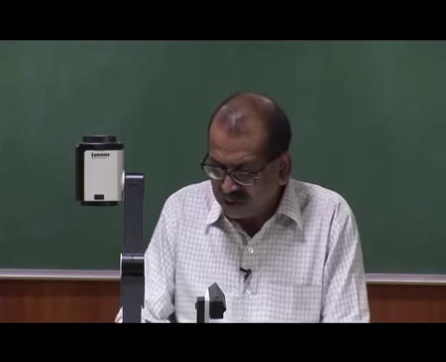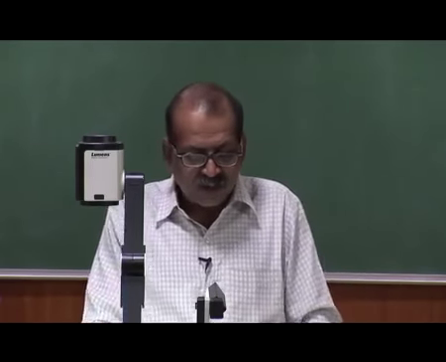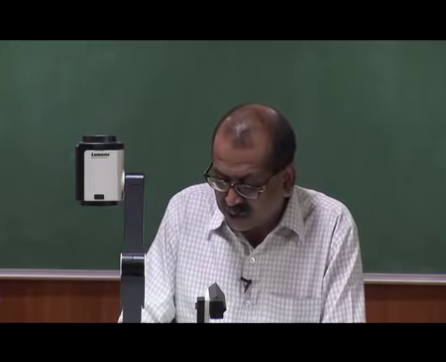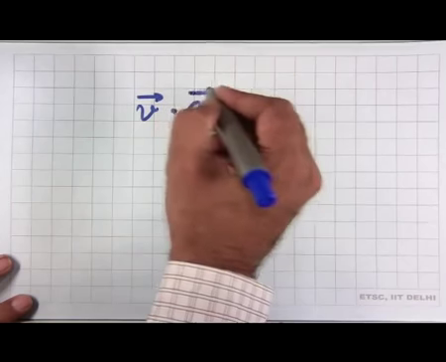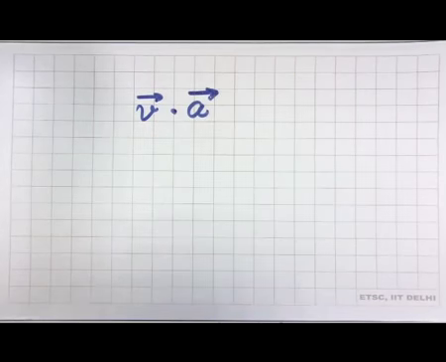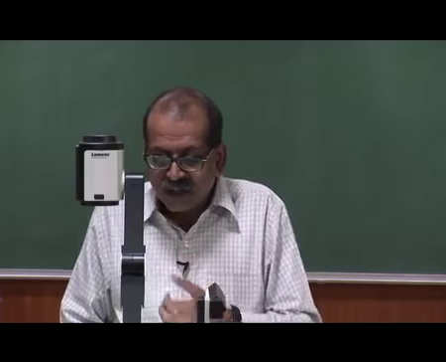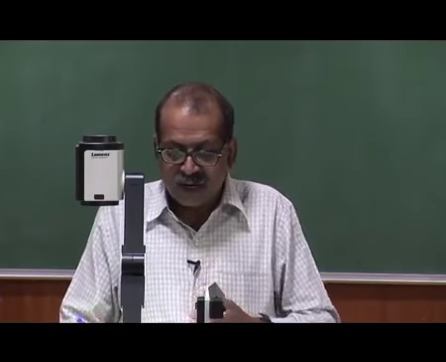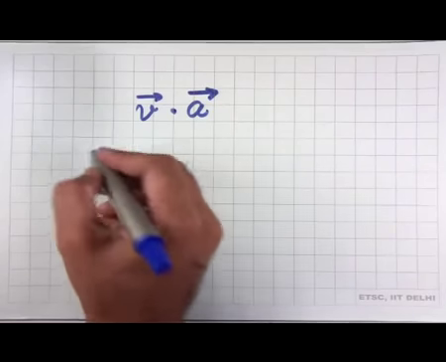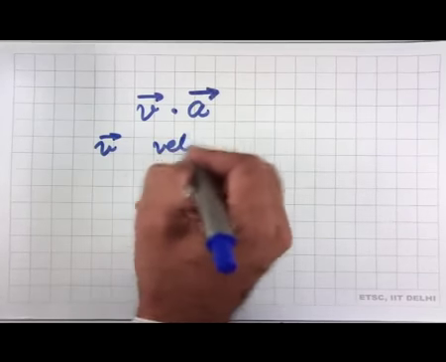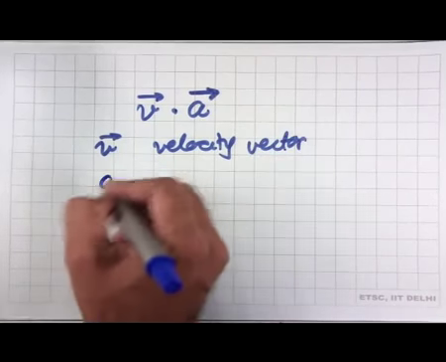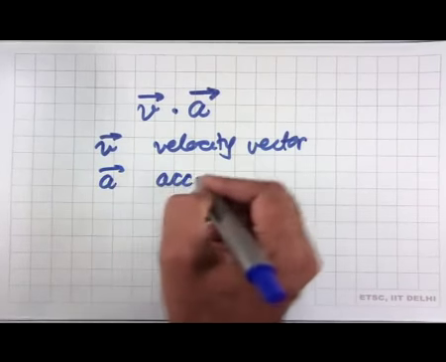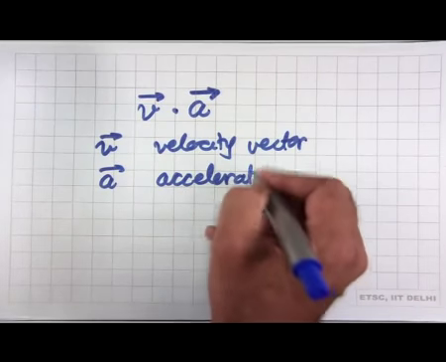Now, let us look at another aspect of kinematics, and let us look at this quantity V dot A, and let us see if we can get something from this scalar. As we see, V is the velocity vector and A is the acceleration vector.